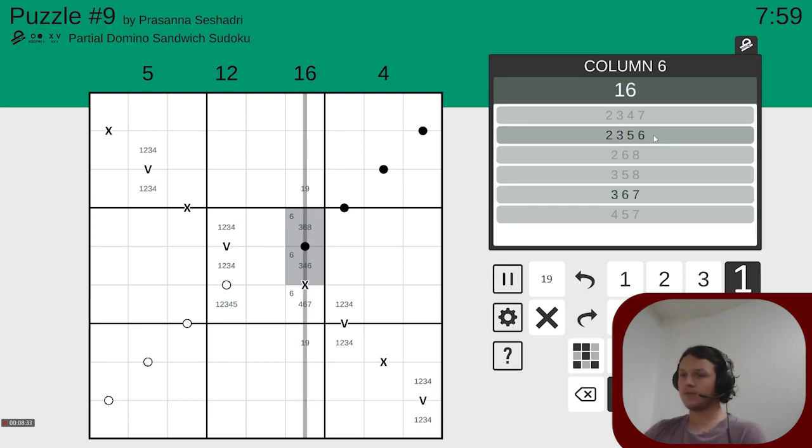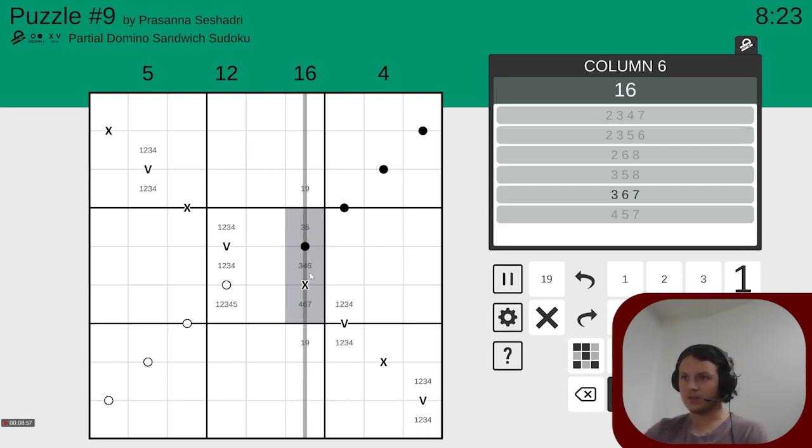And this 2, 3, 5, 6 also doesn't work, because that means that 3, 6 would have to be here. And then there would have to be a 7 or a 4 to make this 3 or 6 add to 10. So that also doesn't work. Okay, so now we know it is a 3, 6, 7 combo.